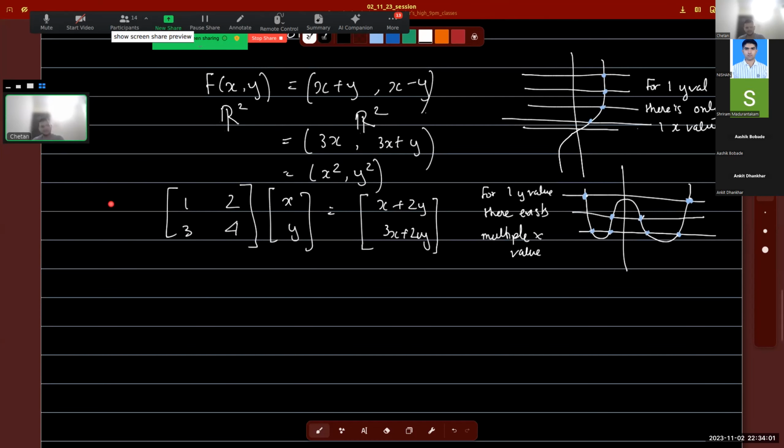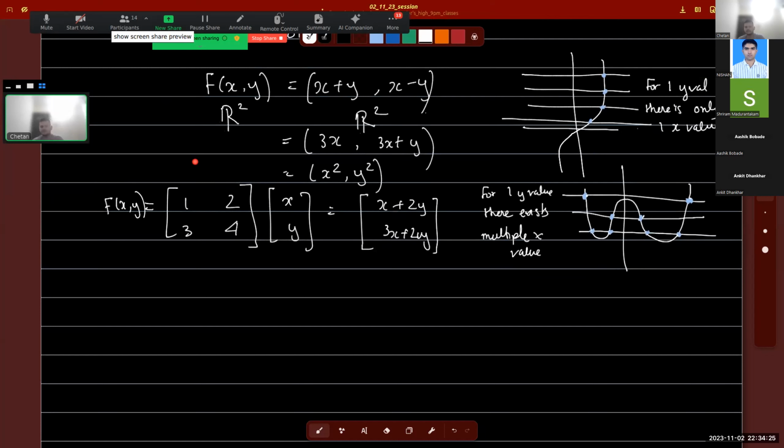We considered the matrix as a function because it takes an input x comma y from R2 and gives us an output in R2: x plus 2y and 3x plus 4y, right? That's all that is to the matrix. It's a function. It takes some input, gives you some output.